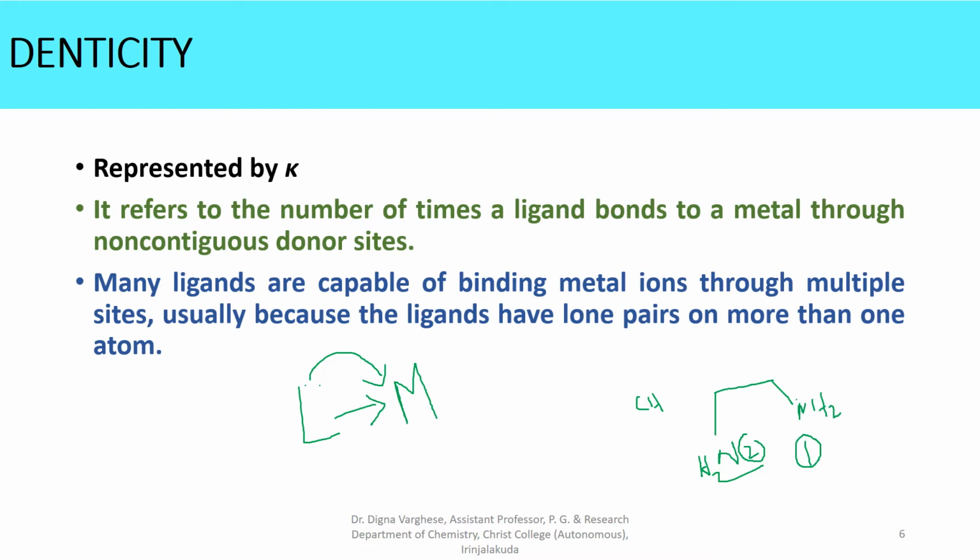The denticity of ethylene diamine is 2. So it can attach to the metal atom through these two nitrogen atoms.